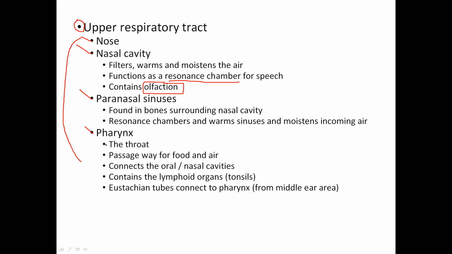The pharynx is the throat area. It allows for the passageway of food and air. So you do find the epiglottis here. As you're swallowing, the epiglottis closes or protects the windpipe, so you don't get food or water going down the windpipe, and it routes the food or water into the esophagus.